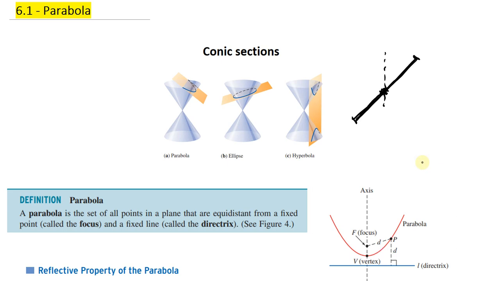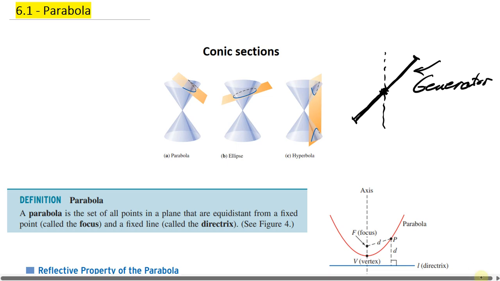Now, if I rotate this generator, that's what we call it, the generator, about the vertical axis, this is the axis that we're going to rotate it about. So we're going to revolve it in this direction. And again, it doesn't matter. You can revolve it in the other direction. Now, as the top rotates in this direction, the bottom will revolve in this direction, correct? Both the top and the bottom can revolve in a clockwise or counterclockwise direction.